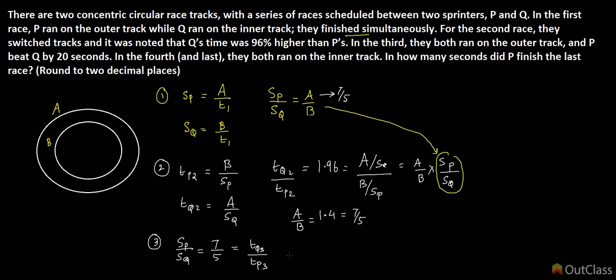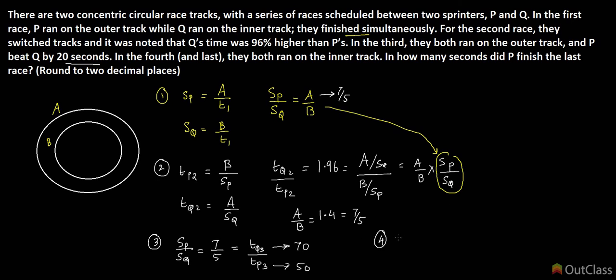These are two times that are in the ratio 7:5, but it's also given that they differ by 20 seconds. So we can say that this is 70 and this is 50. So we found the actual times for the third race: 70 for the slower person, 50 for the faster person.